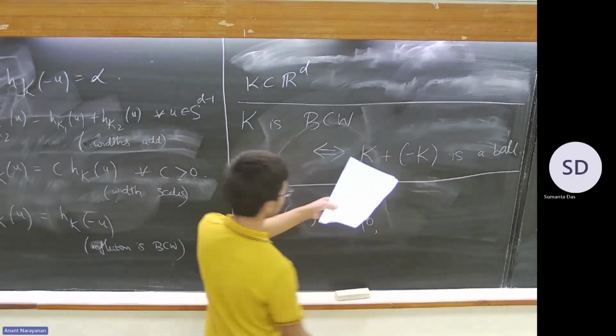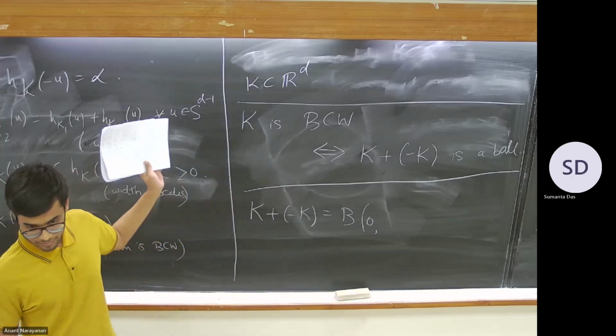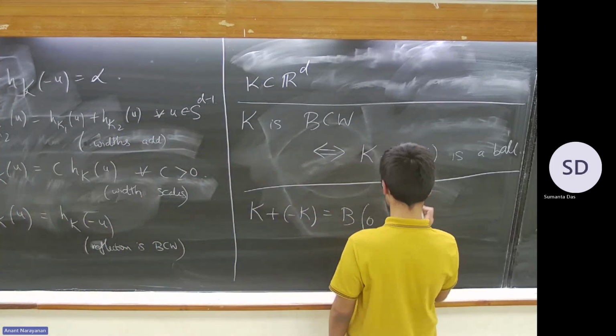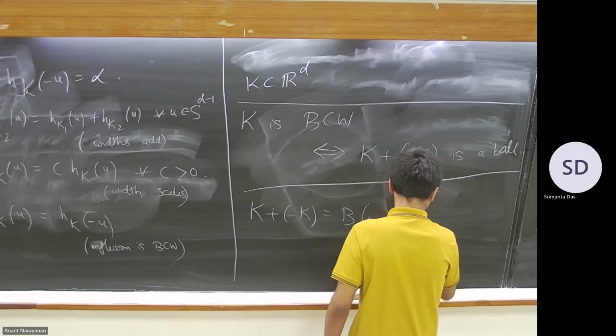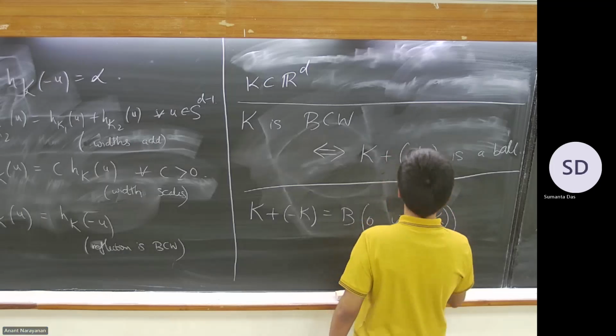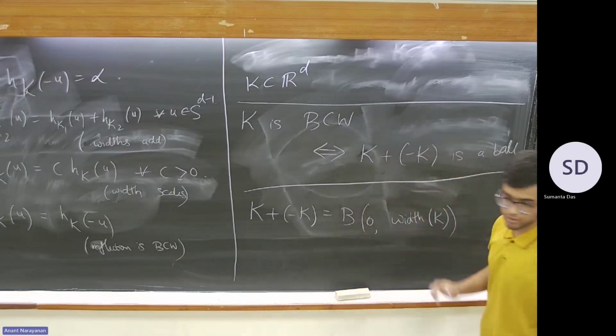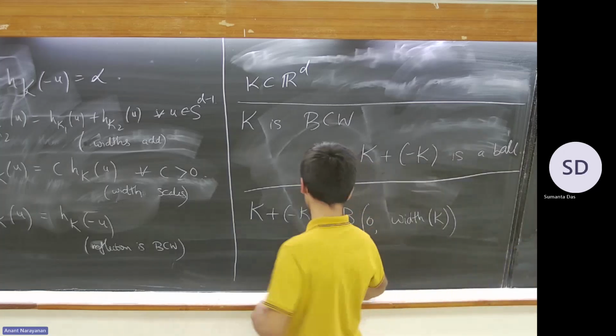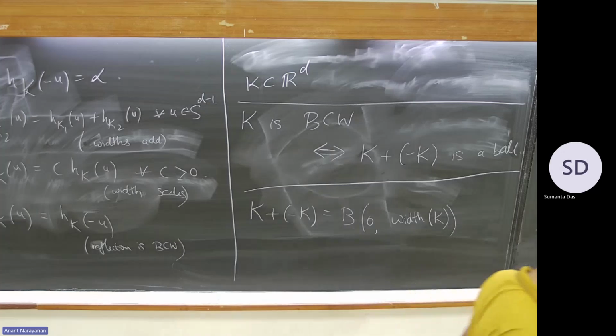And what will the radius be? It's the width, which is alpha. It's the width of K. Correct? And this will be very useful in answering questions, the question that Prativashi asked.